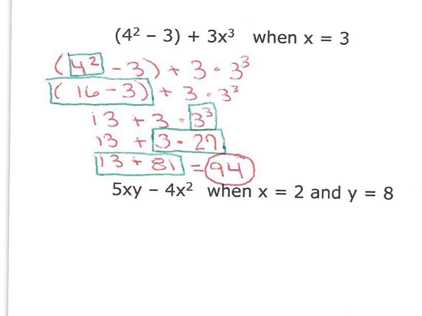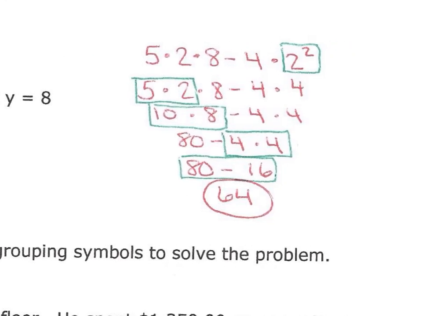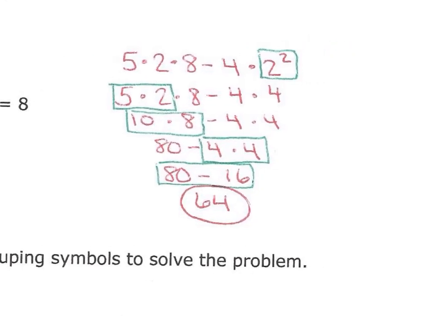So for the second problem, the correct answer is 94. If you did not get 94 as your answer, please pause the video so you can check to make sure you did it in the correct order of operations. For the next problem, the answer is 64.